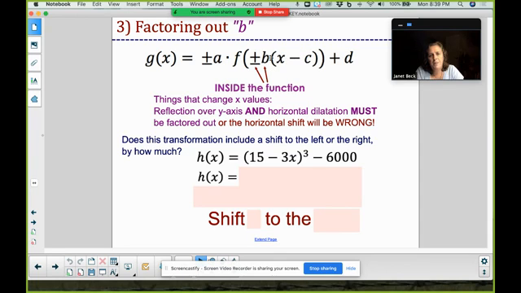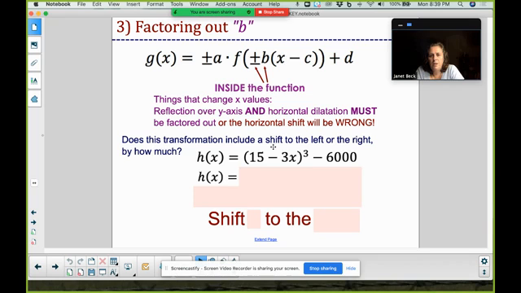If you've got a number or a negative sitting right up next to the x, and if there is a horizontal shift as well, your horizontal shift is going to be wrong if you don't factor out your reflection over the y-axis and any horizontal dilation. So here is a nasty, horrible one. Try this.